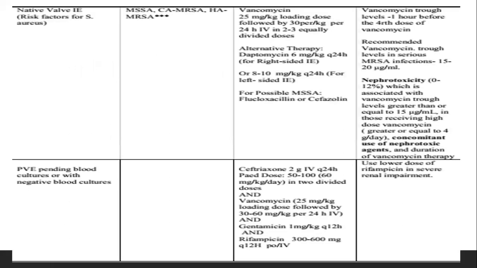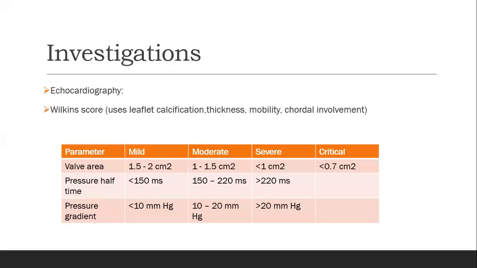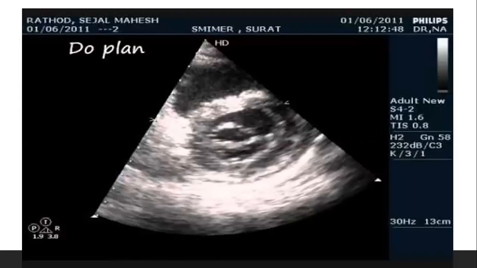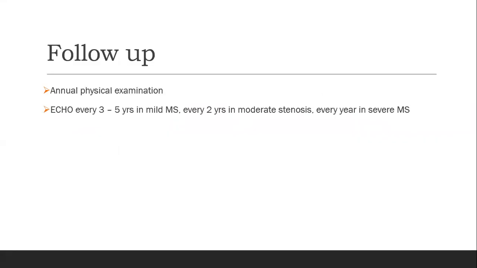So that's why we have to know the definite criteria for a severe lesion for any valve. Severe MS, I told you: presence of pulmonary edema, presence of pulmonary hypertension, A2-OS interval, duration of murmur, valve area less than 1 centimeter square, pressure gradient more than 20. We have to know all these values to understand that these are indications for surgery, and you should know what types of surgery are available.